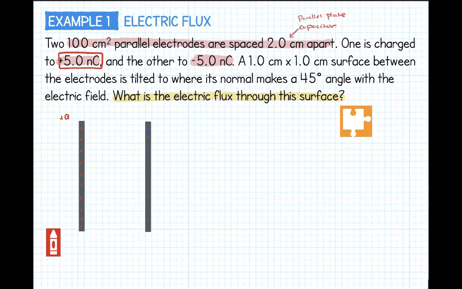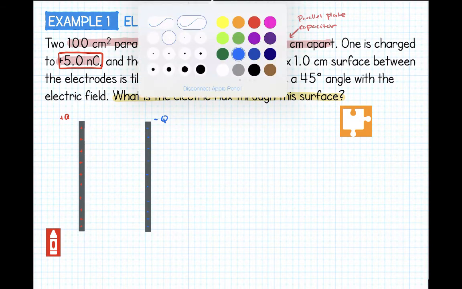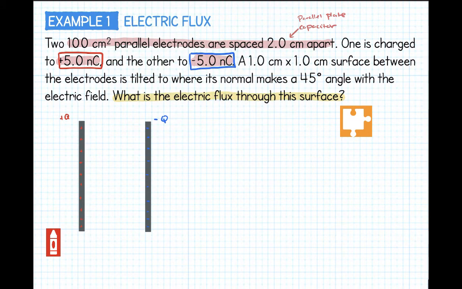They should be equal. And this is negative Q. All right. So we also know that this has an electric field that looks like this. So it goes from the positive to the negative.